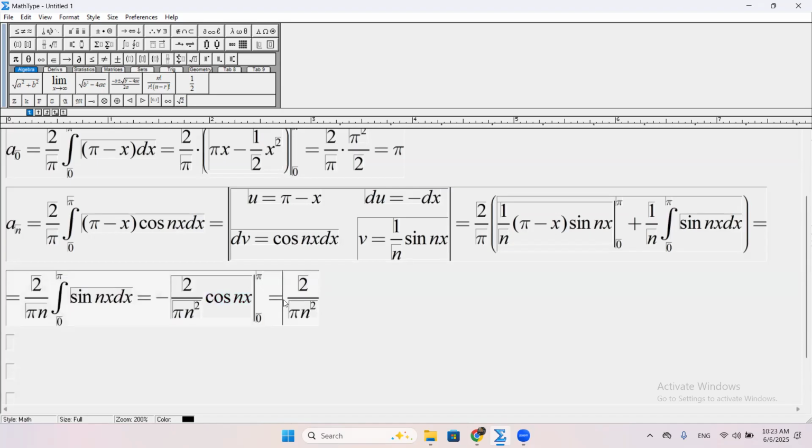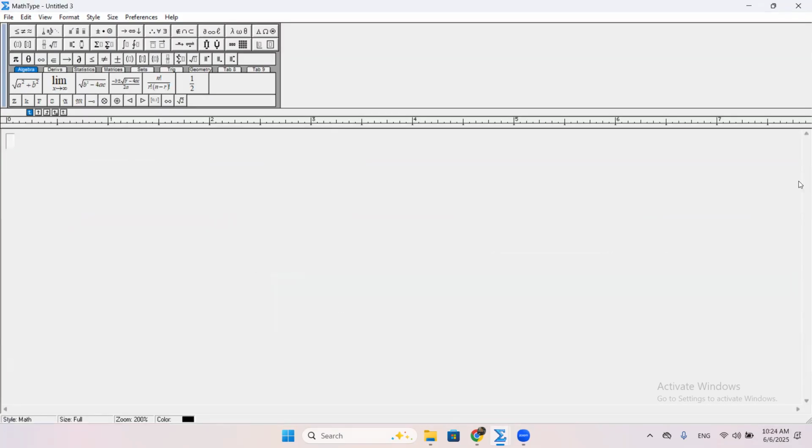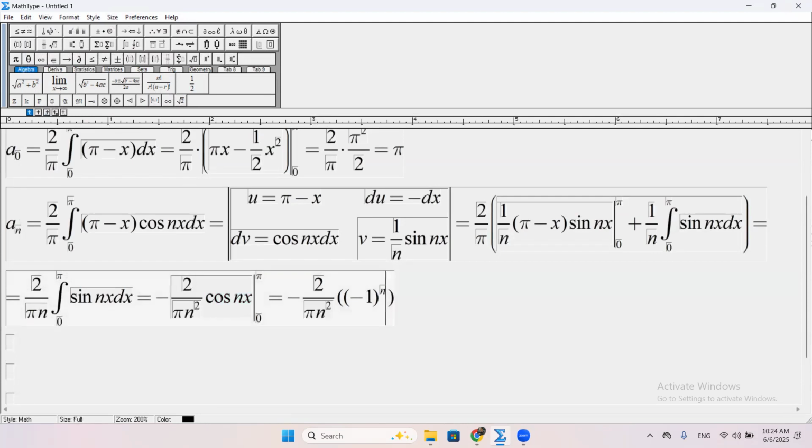So minus 2 over p n squared, and in brackets, minus 1 in power of n, minus 1. And I also will change the sign, so here will be 1 minus (minus 1) in power of n.